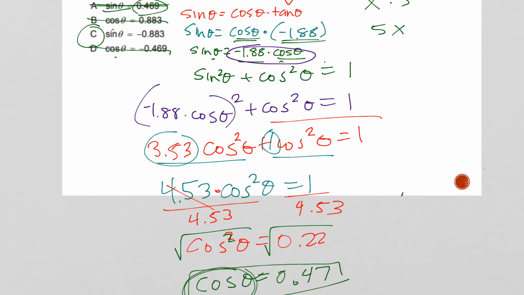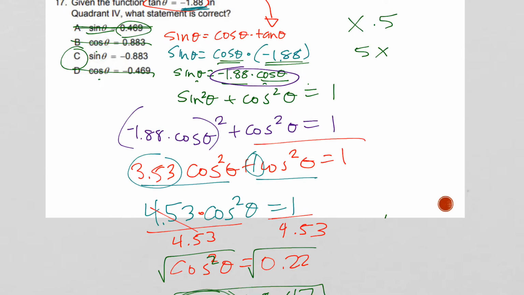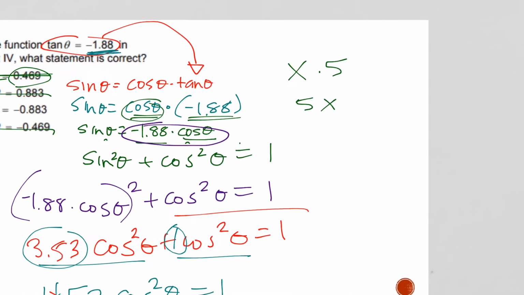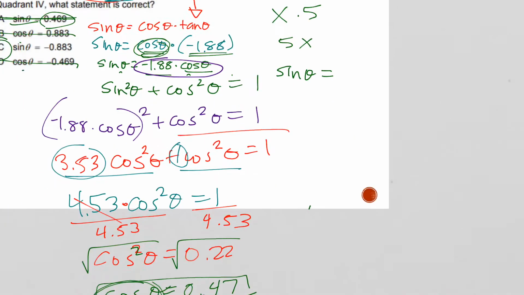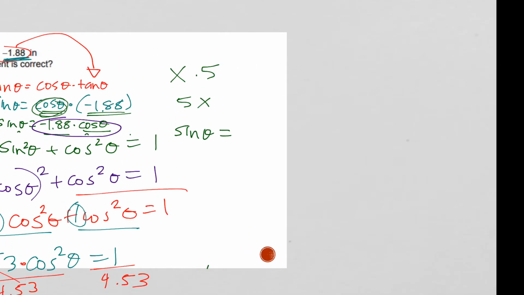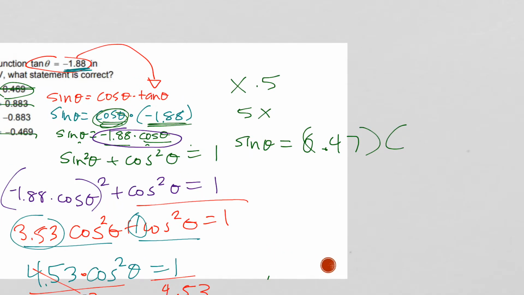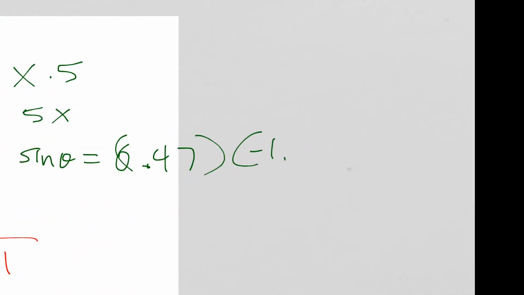But just to make sure, I'm going to go back to the beginning of my problem. Right here, where it says sine theta equals cosine theta times tan theta, which is negative 1.88, I'm going to take my value for cosine and plug it in there. So sine theta is equal to, what was cosine theta? Oh yeah, it was 0.47 times tan theta, which is negative 1.88.